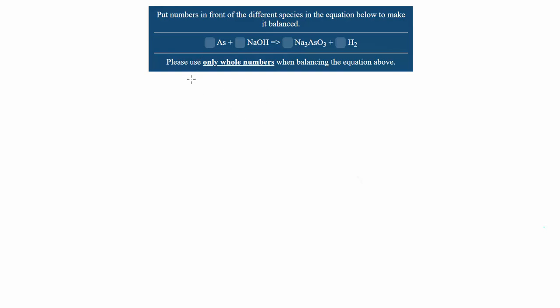So in my case, I'm going to do the left hand side, so this is the reactant side, and then the right hand side, RHS, so that's the side of the products. And so we've got arsenic, and then we've got sodium hydroxide, so I just write As, NaOH.